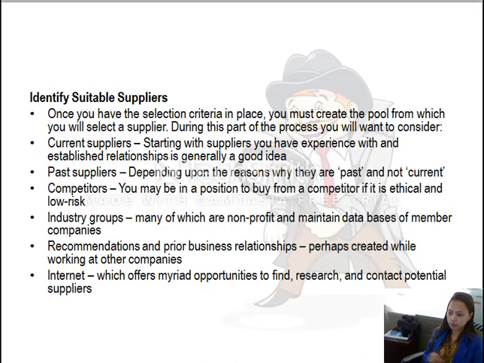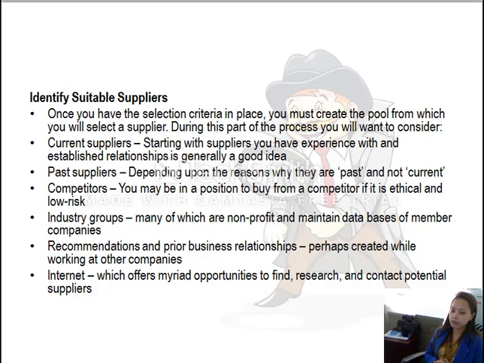In identifying the suitable suppliers, there are a few steps that we must consider. The first one is, once you have the selection criteria in place, we must create the pool from which you will select a supplier.